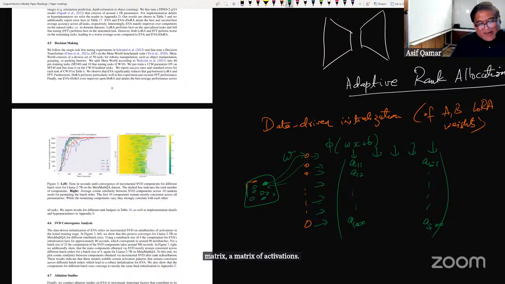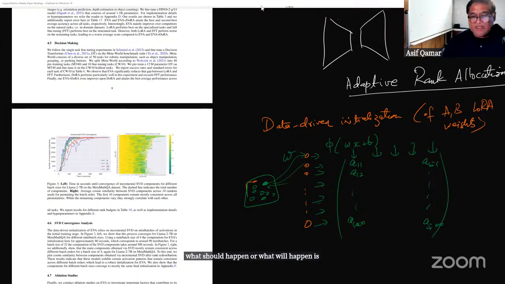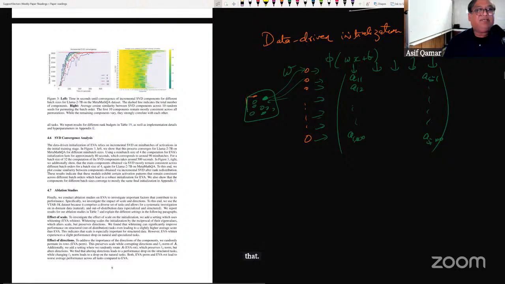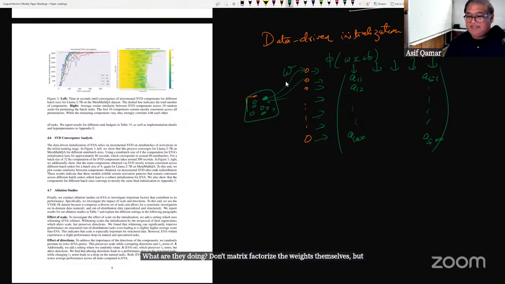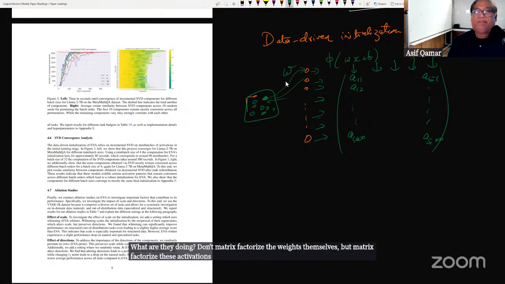What this approach is saying is something very interesting. It is saying that look at these activations for fine-tuned data. This activation is telling you what is happening in the weights, right? What are they doing? Don't matrix factorize the weights themselves, but matrix factorize these activations, right?